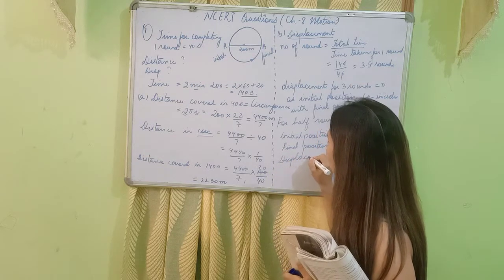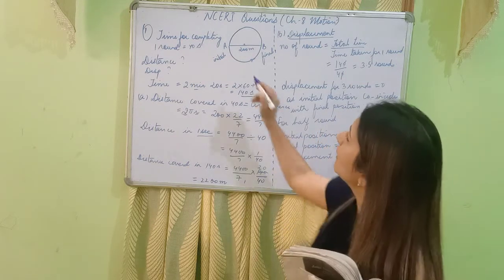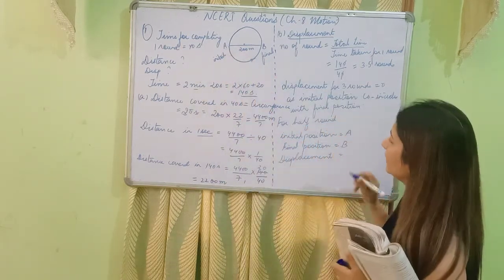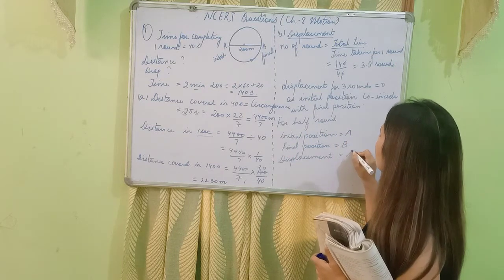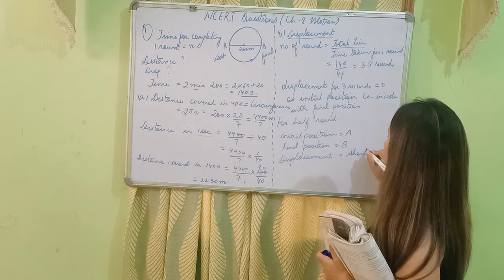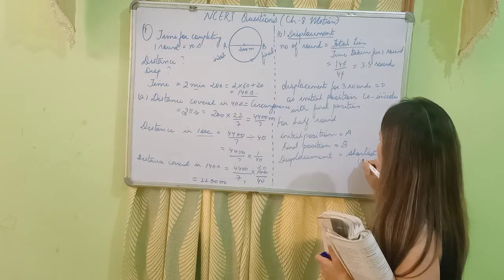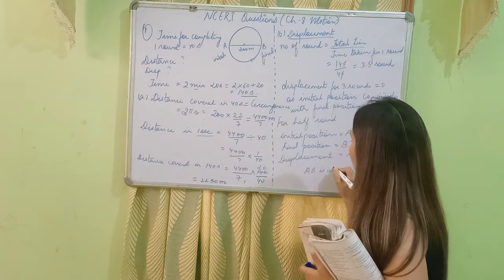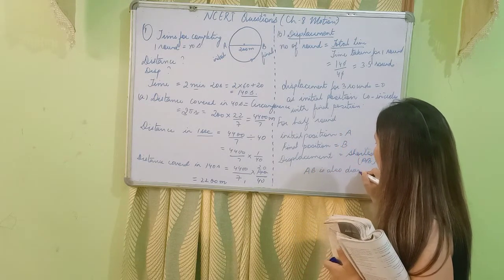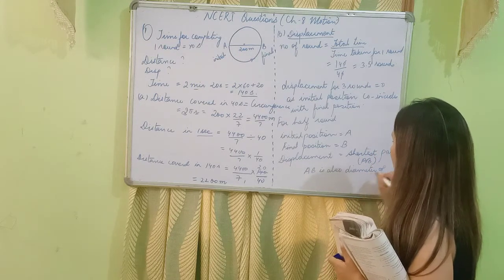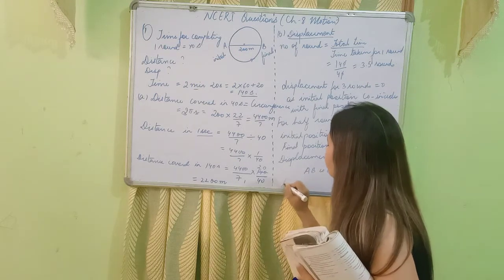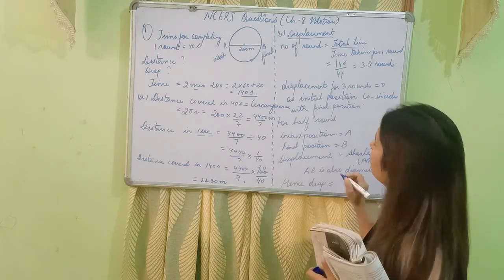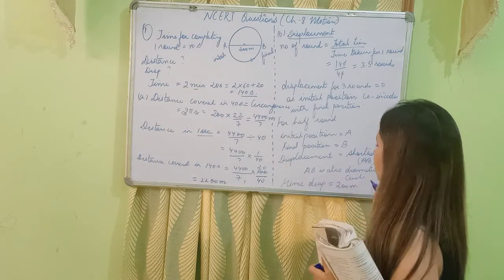Displacement is the shortest path between the initial and the final position. This is the shortest path between the initial and final position, and this path is also the diameter. So displacement here will be the shortest path, in bracket write AB, and AB is also the diameter of the circle. Hence, displacement is equal to 200 meter.